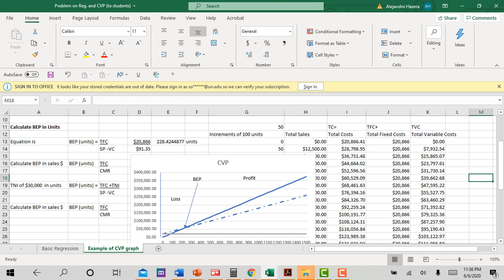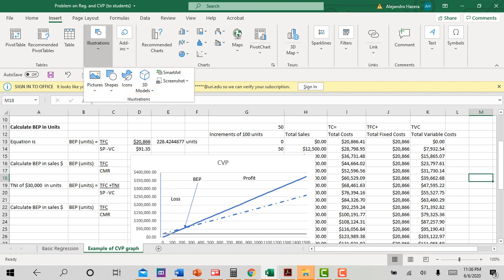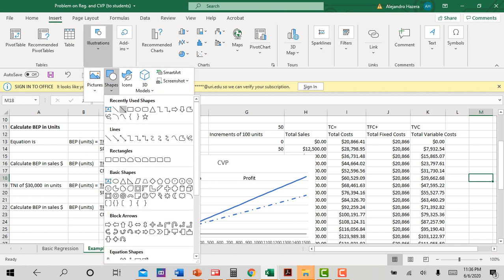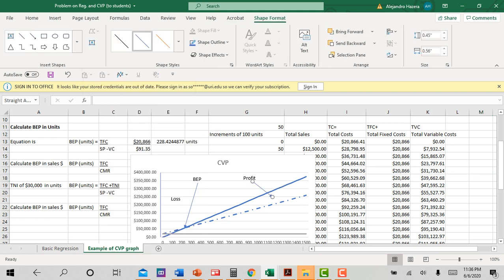Okay, and we'll just fill this graph in here, and I'm going to insert a couple more shapes. Your profit region is here, and that's where your sales are greater than your costs. Then your loss region is pretty small here.